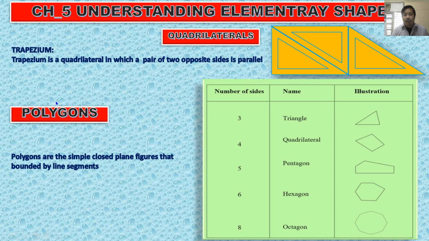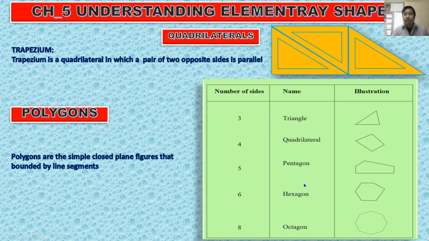For example, polygons with three sides are called triangles. The polygon having four sides is called a quadrilateral. A polygon having five sides is called a pentagon, six sides a hexagon, and eight sides an octagon.